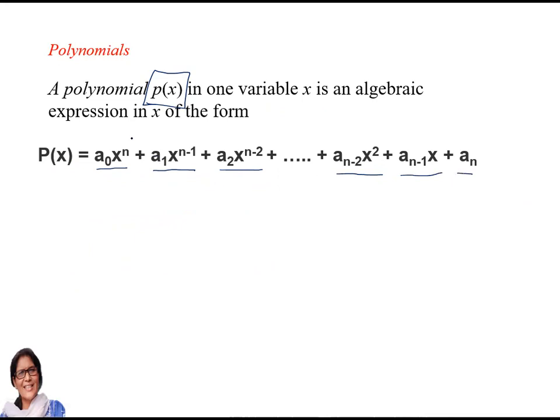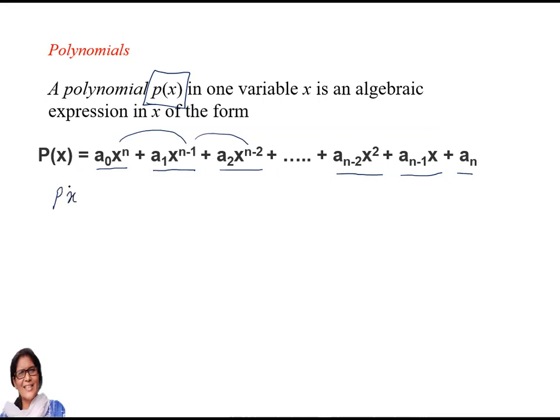You must have noticed that gradually the power decreases. That means we write in the standard form: first the power of the variable is maximum, then it gradually decreases. I'm taking one example, it will be understood better.